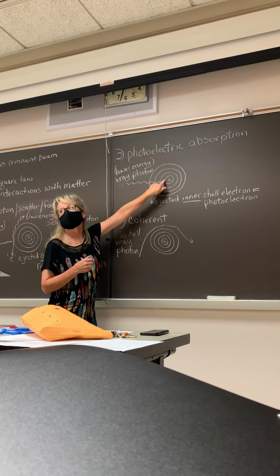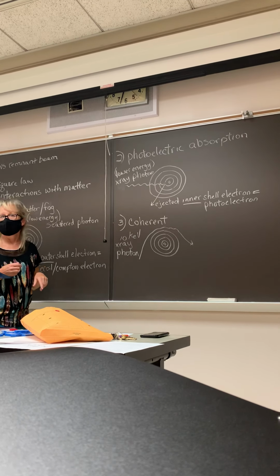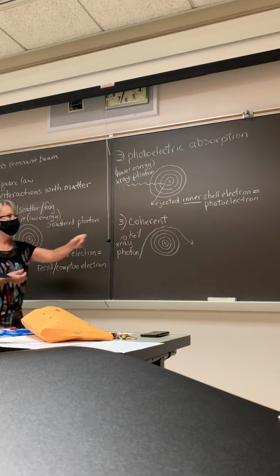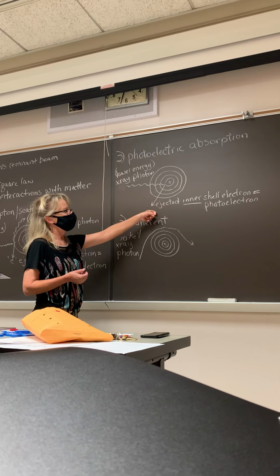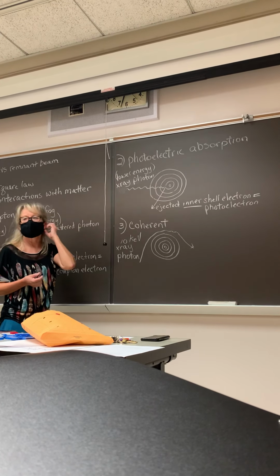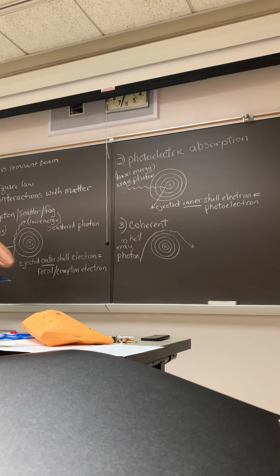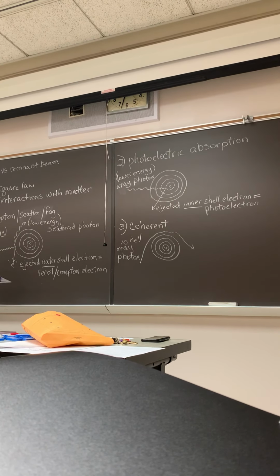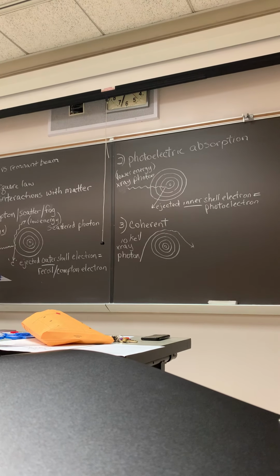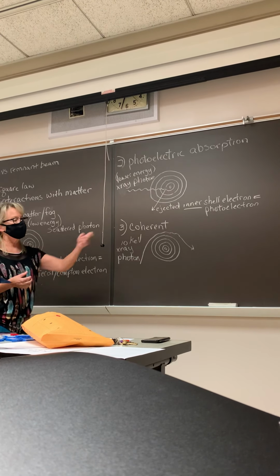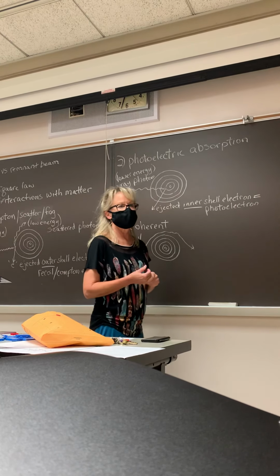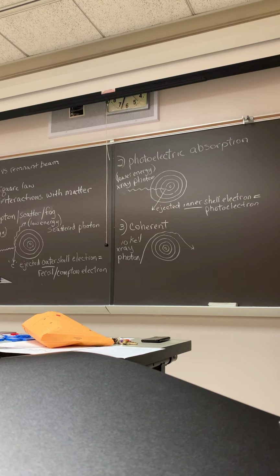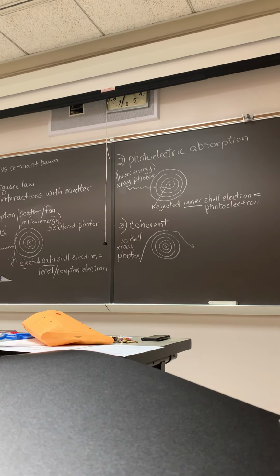That X-ray photon gets totally absorbed. The ejected inner shell electron, they call it a photoelectron. Photoelectric is responsible for the patient's dose. That's what gives the patient the most dose, because it's absorbed.